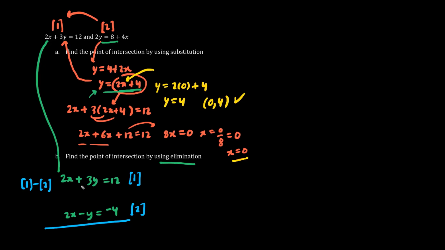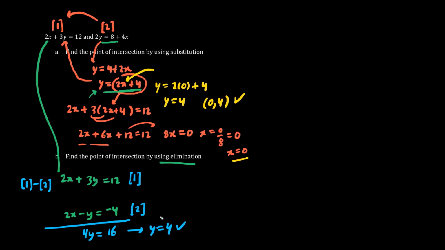What's 3y minus negative y? Two negatives become a positive. Essentially, we have 3y plus y, which is 4y, equals 12 minus negative 4. Two negatives become a positive. We have 12 plus 4, which is 16. Dividing both sides by 4, we have y equals 4.